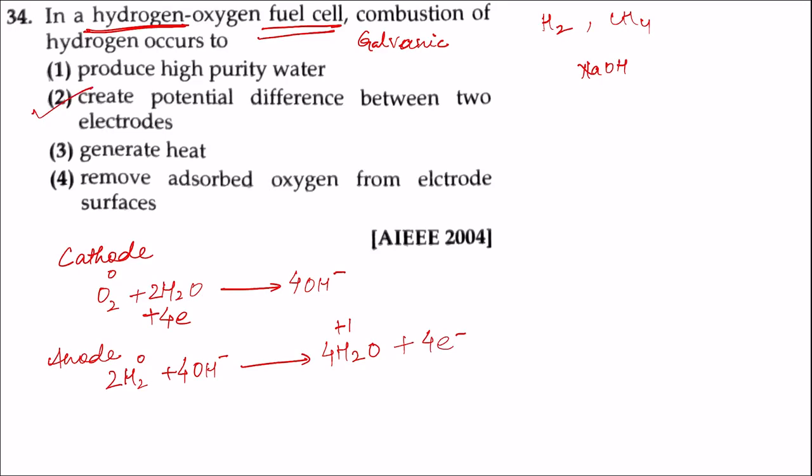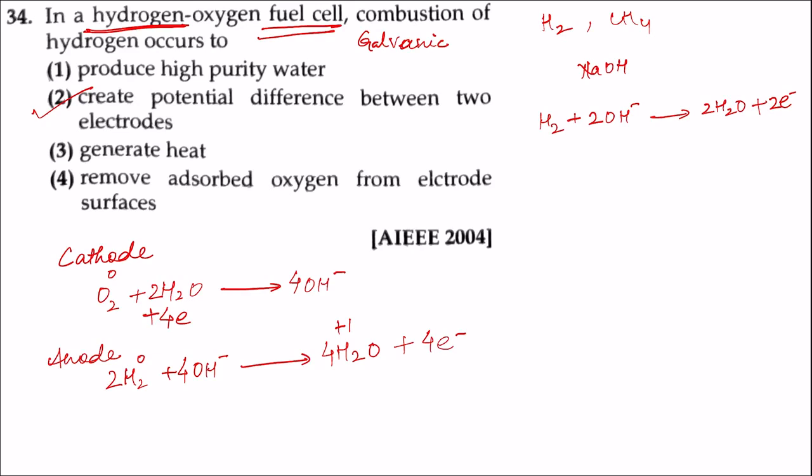The balanced reaction at the anode is H2 plus 2OH minus ion forming 2H2O. Now in this case, there are 2 units of negative charge on the reactant side, and to balance the 2 units of negative charge, there will be 2 electrons added on the product side.